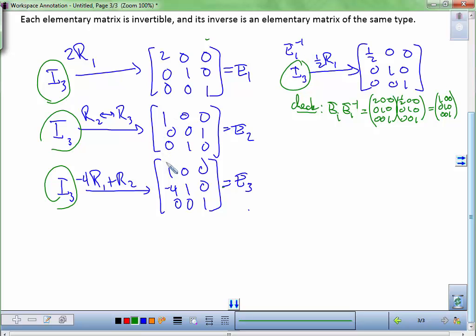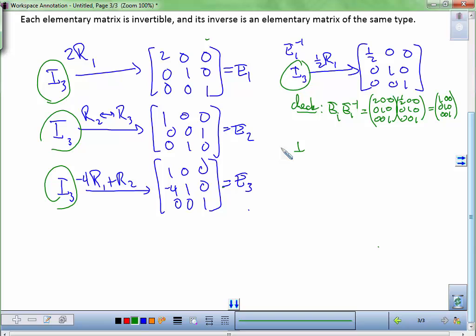All right, if we swap rows, what do you think the inverse of that's going to be? Swapping it again, right? If we swap row 1 and row 2 and we get this elementary matrix, if we want to get back the original identity matrix, we would swap the same rows.